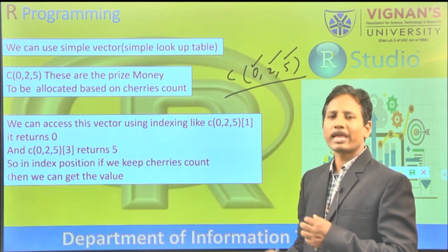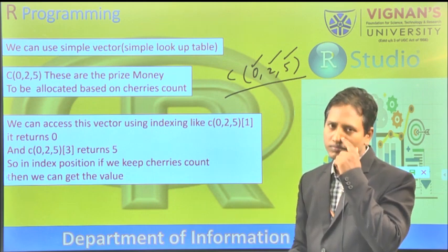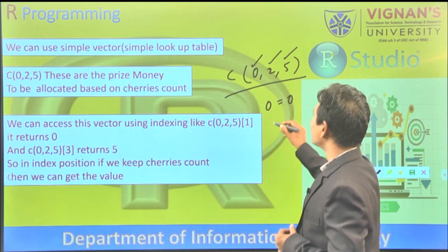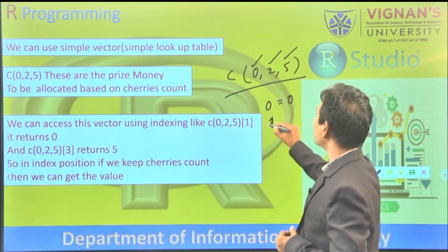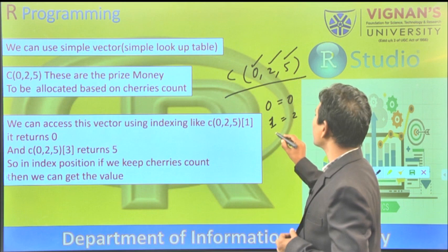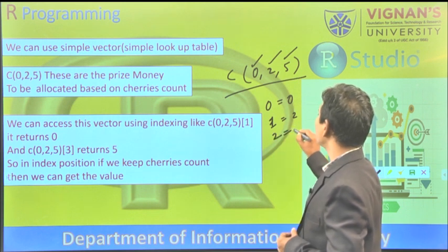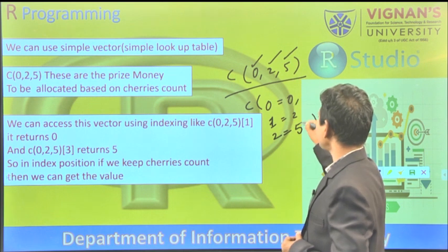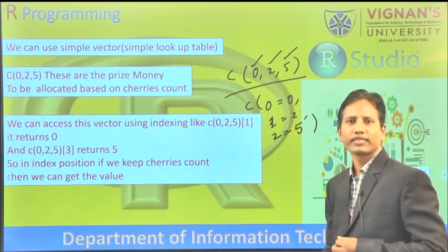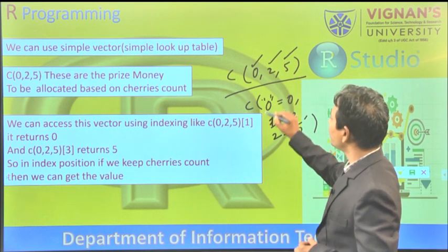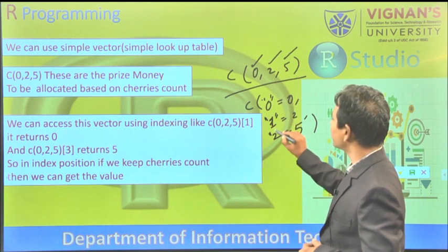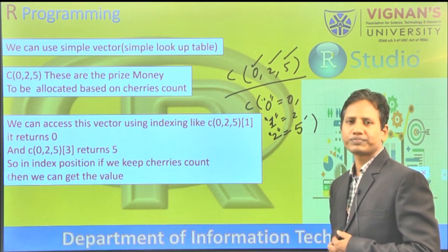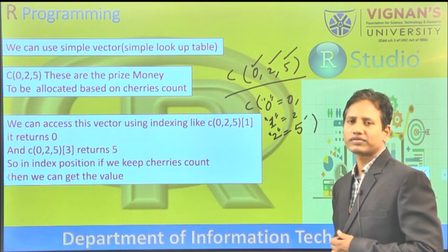Okay. So I can make this a lookup table, that is 0 equal to 0 and 1 equal to 2 and 2 equal to 5. So, if 0 appears, if 1 appears, if 2 appears, the values in a simple manner.